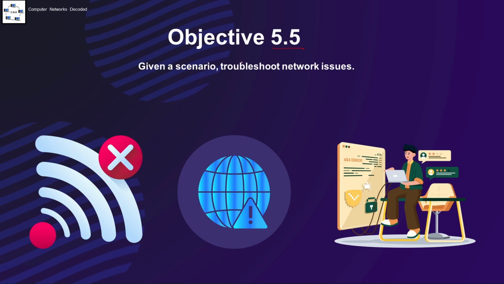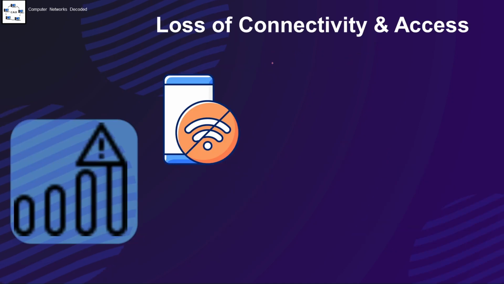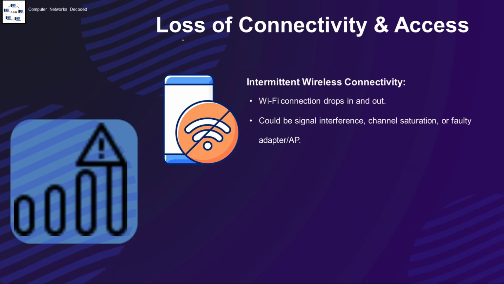Objective 5.5, given a scenario, troubleshoot network issues. First of all, loss of connectivity and access. Intermittent wireless connectivity, Wi-Fi connection drops in and out, could be due to signal interference, channel saturation, or a faulty adapter or access point.